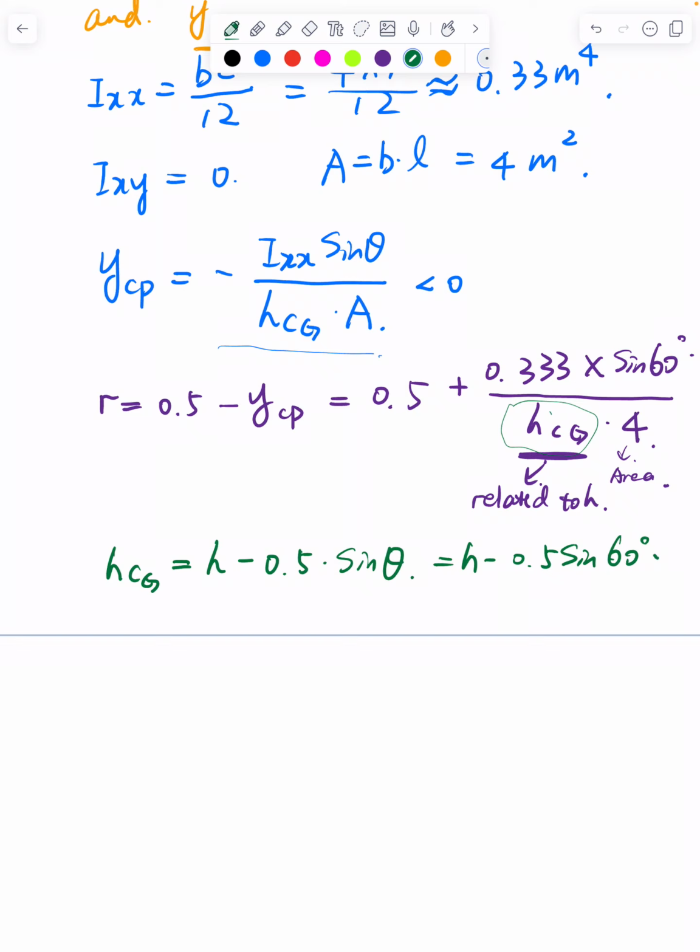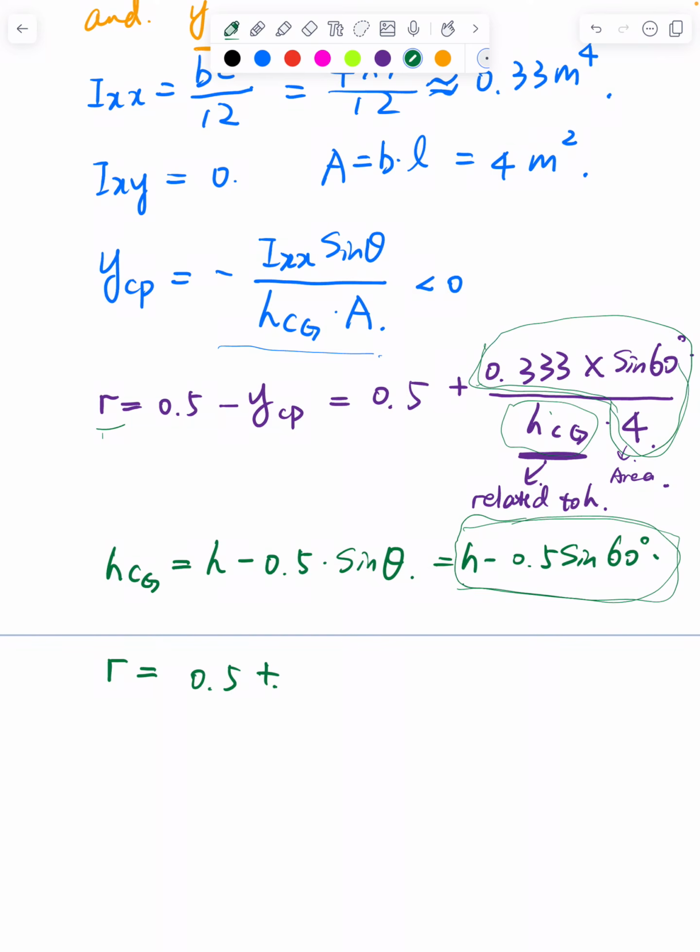Okay, so this makes us rewrite R with the new equation of HCG. So our R will equal 0.5 plus, we calculate this part.